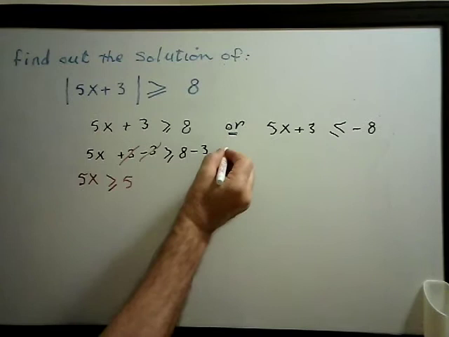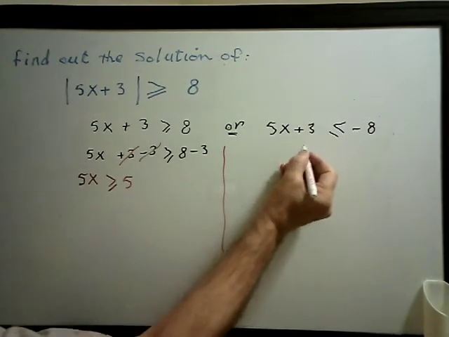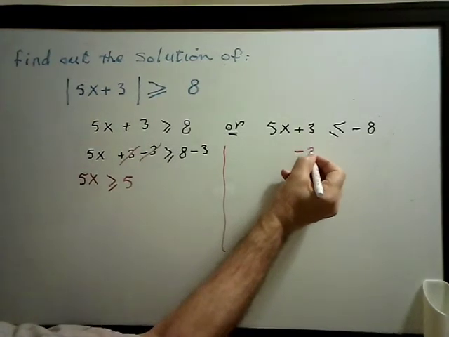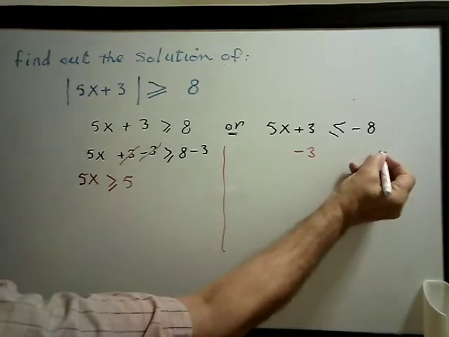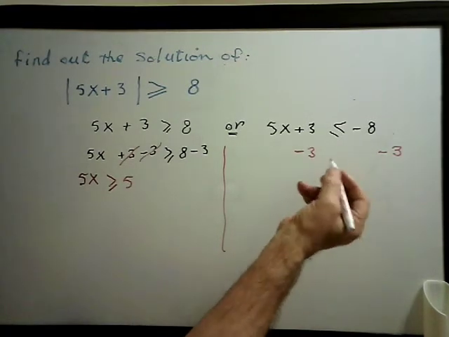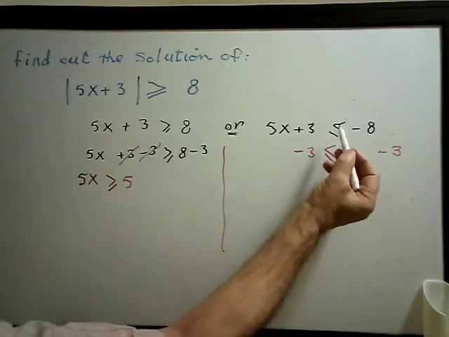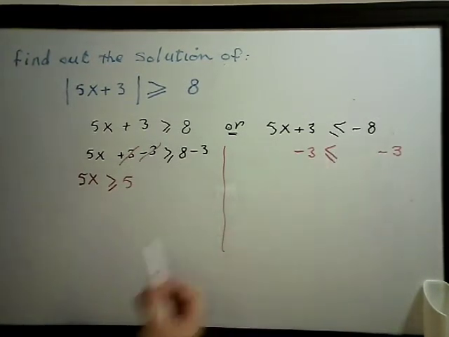And same thing here. Just transfer this by adding -3 here and -3 here. Adding or subtracting will not change the sign of the inequality, so the same sign will stay here.